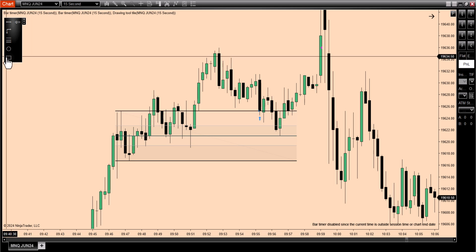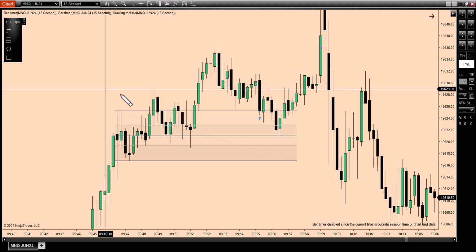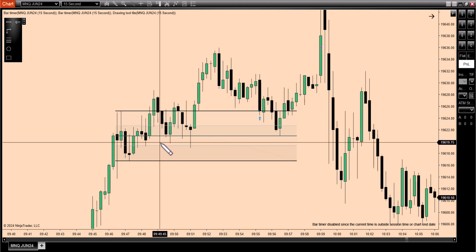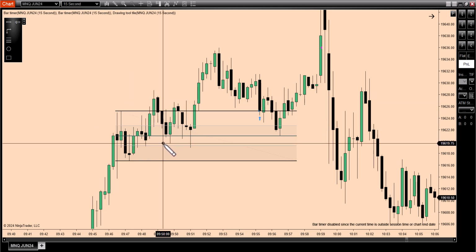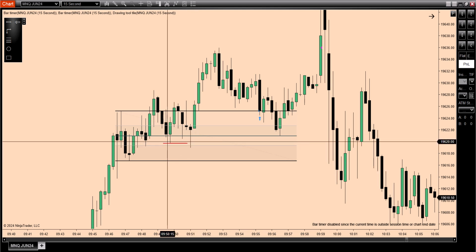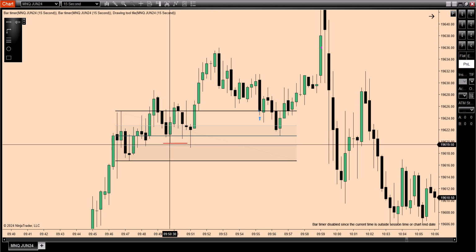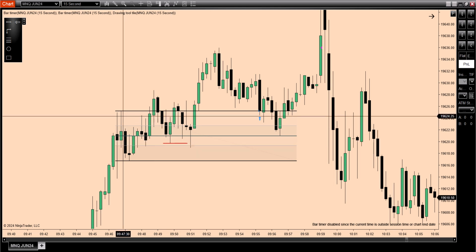So the interesting thing happened here on the confirmation. So here's the sweep. Let's outline the sweep. And I also want you to notice this. Price created the swing low right here, just above an important level of this zone.